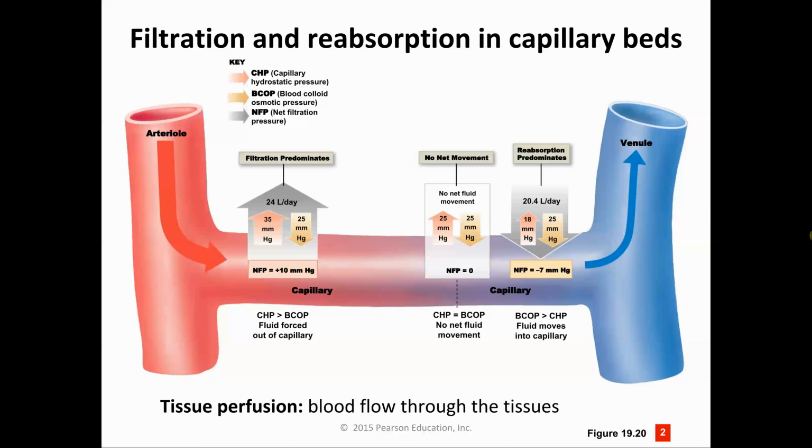Okay? So then, let's just give our CHP a kind of arbitrary number. Let's say it's at 30 instead of 35, like it is there. So that means earlier in the capillary bed, we're going to have no net movement and then reabsorption.